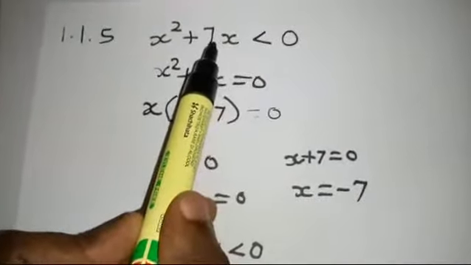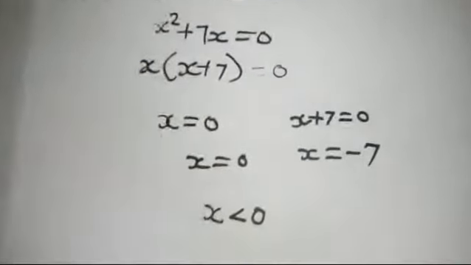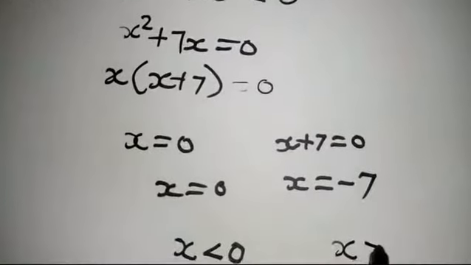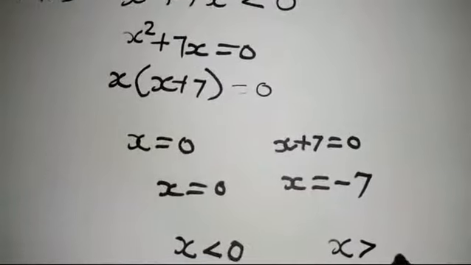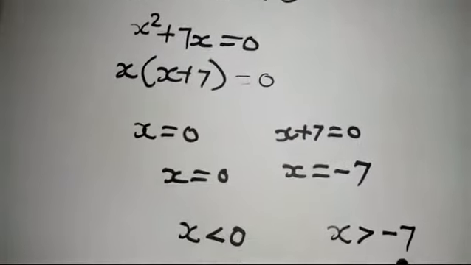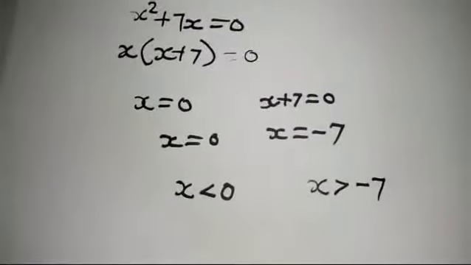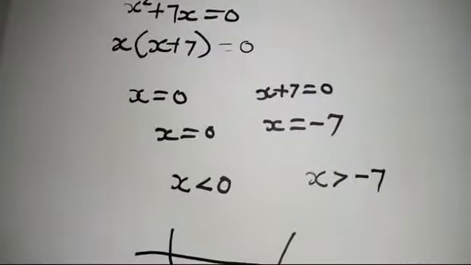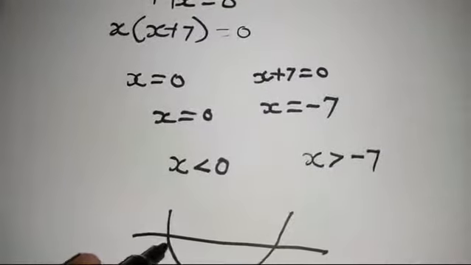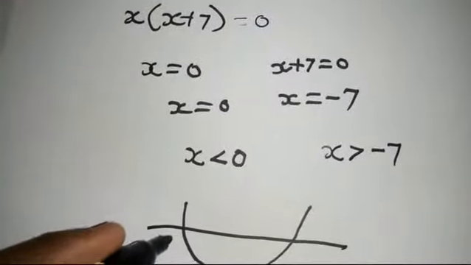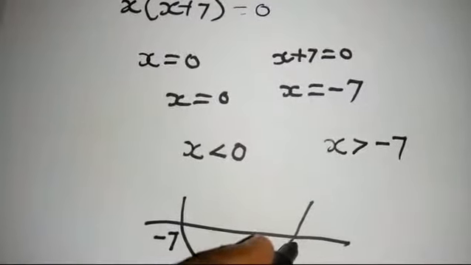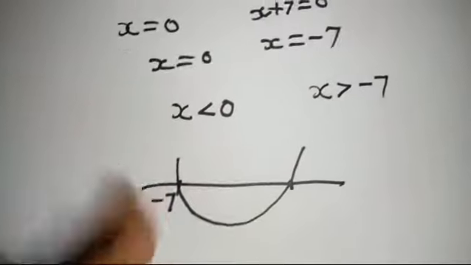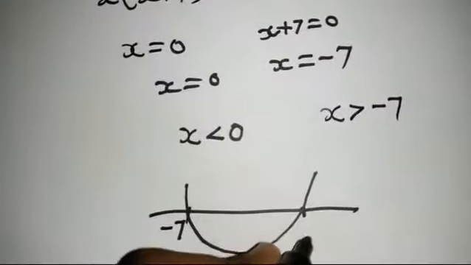So that will give us a negative value. Therefore, it means that we also need to take values for x which are greater than negative 7. Then when you represent this in a graph, it will be as follows. On the left side, you always put the smallest number, which is negative 7. And then on the right side, you place a number which is greater, in this case being 0.